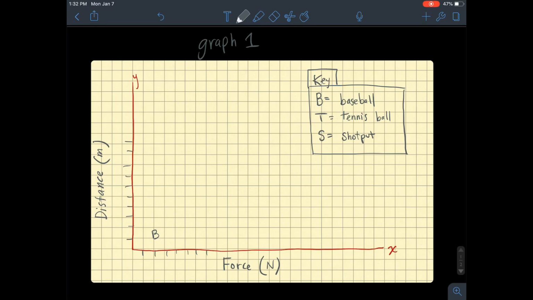So I'd look down here, maybe I launched it with more force than I did the first time, and maybe it went a further distance. So then I would draw a letter B out here. Now let's say that the third time I launched it with a lot more force than I did the last time, and it went much, much further. Since these are all baseball measurements for changing the force to see how far they went, I'm going to connect all 3 of those quote-unquote dots there.